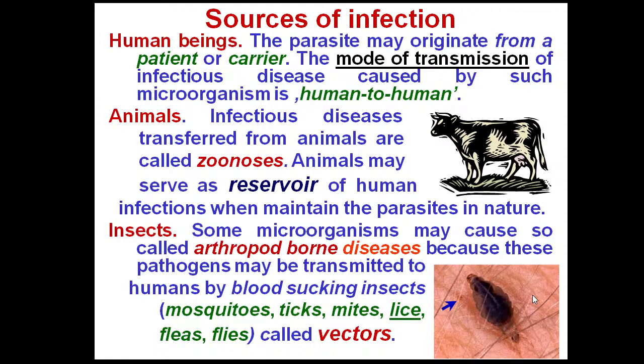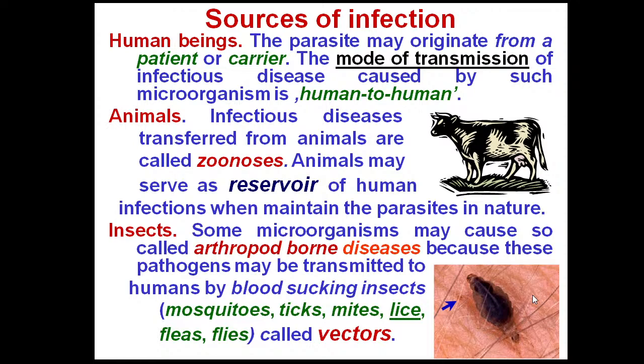So guys, now we take a look at the source of infection. Of course the very first one are human beings. But then the parasite may originate from two categories of human beings, the patients or carriers. I think this is understandable who are patients, those that develop the disease.